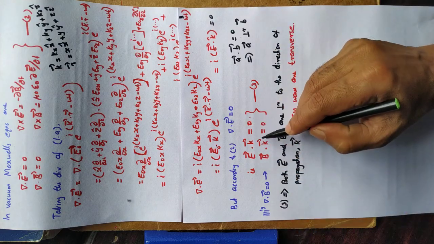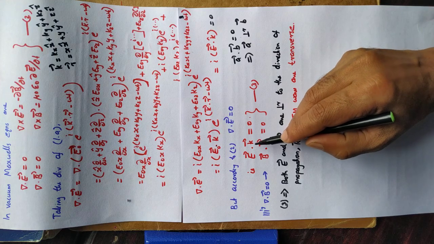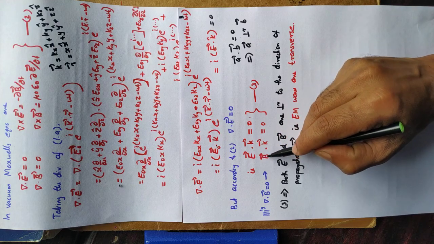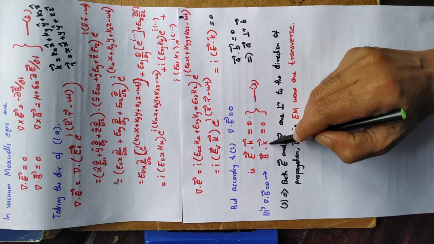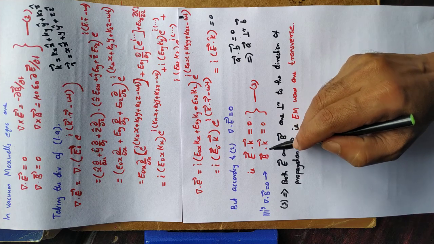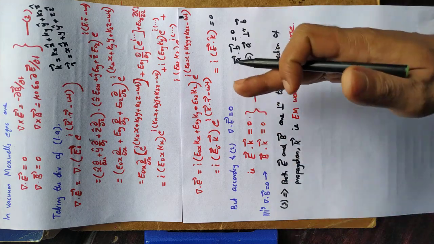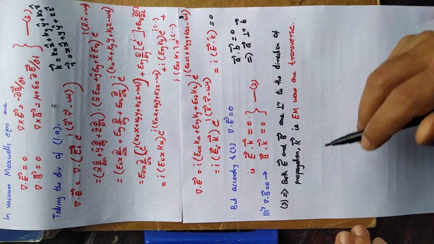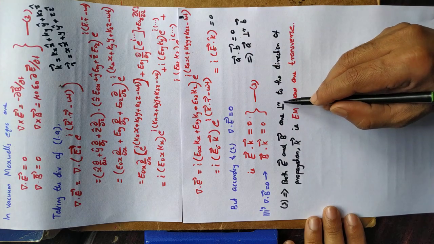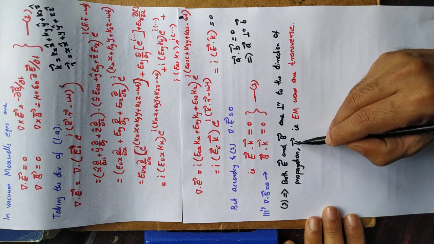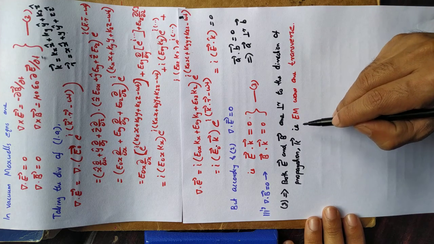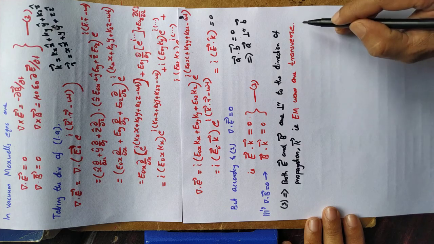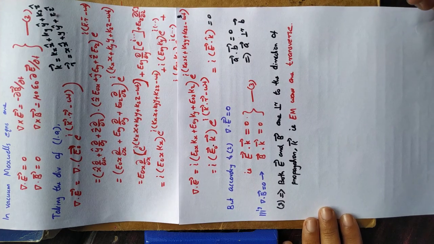And these two equations show that E and B are perpendicular to k, the direction of propagation. If the fields are perpendicular to the direction of propagation, such waves are called transverse waves. So both E and B are perpendicular to the direction of propagation k. So electromagnetic waves are transverse in nature.